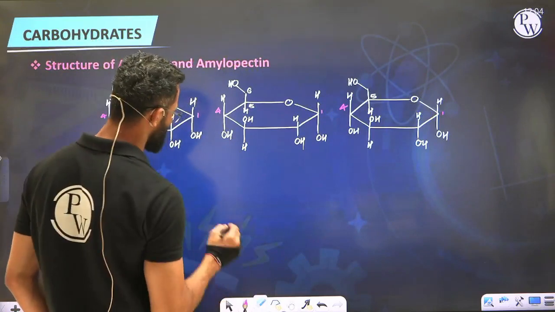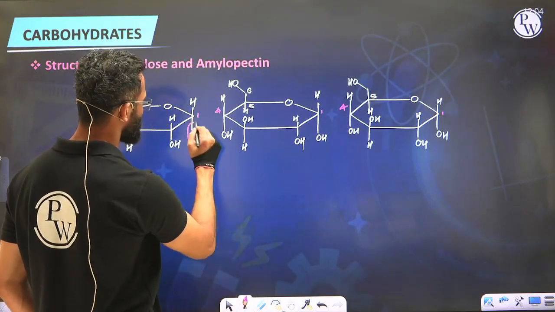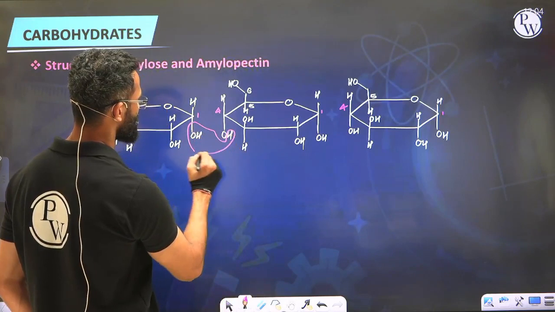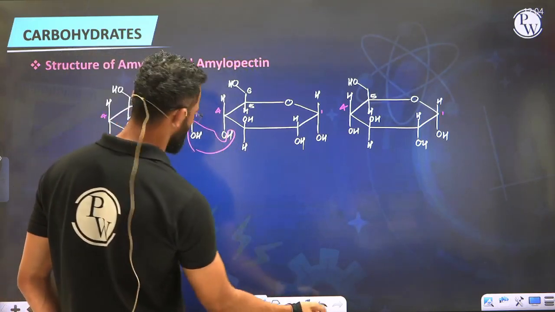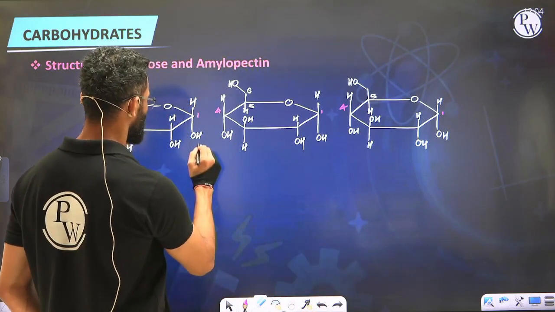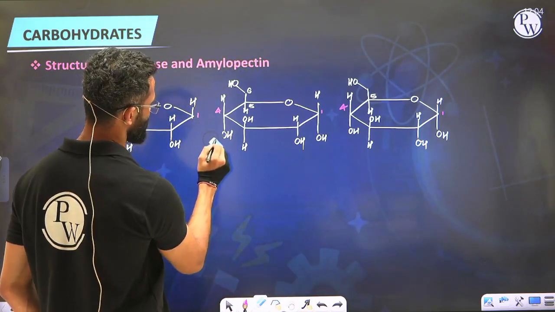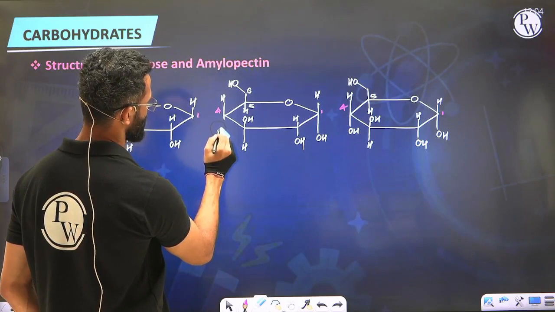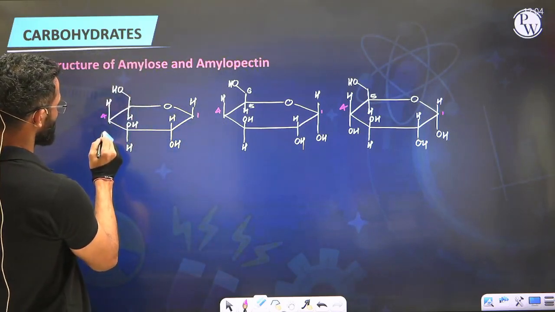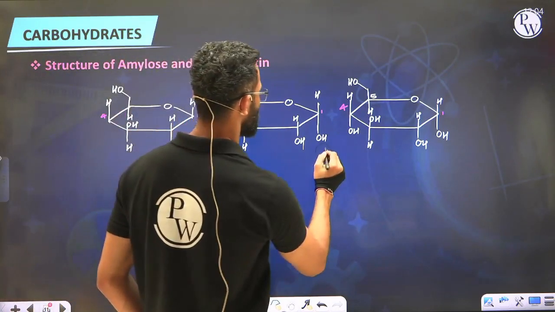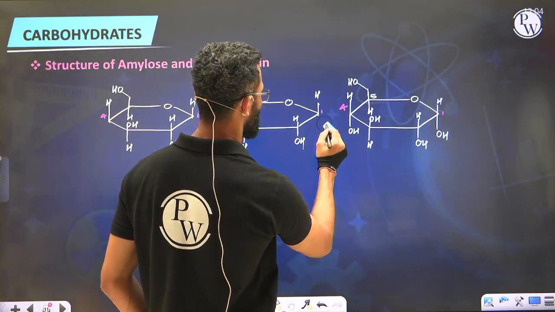So every adjacent, like here, if you remove water like this, H2O, this O will be connected to C4. Just the way we have been doing earlier. So everywhere I'm just keeping that arrangement ready. Again C1 and C4.